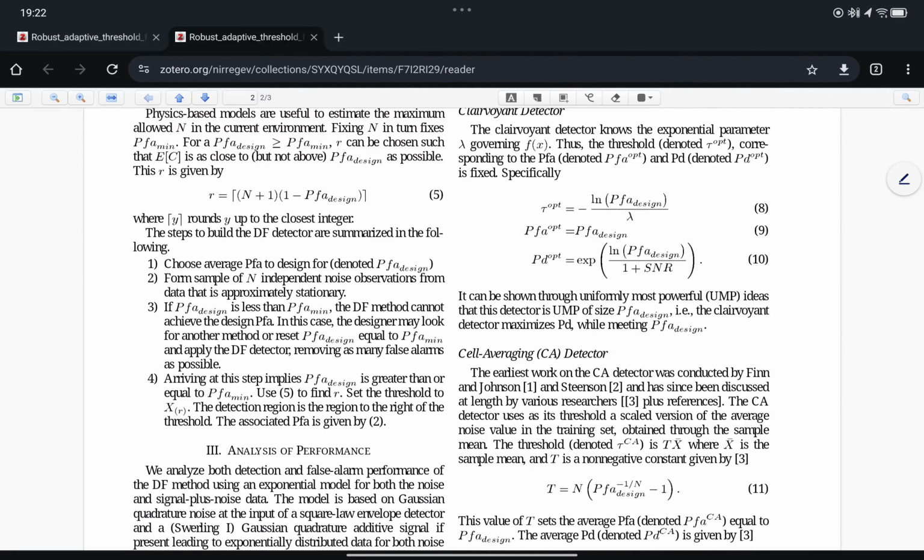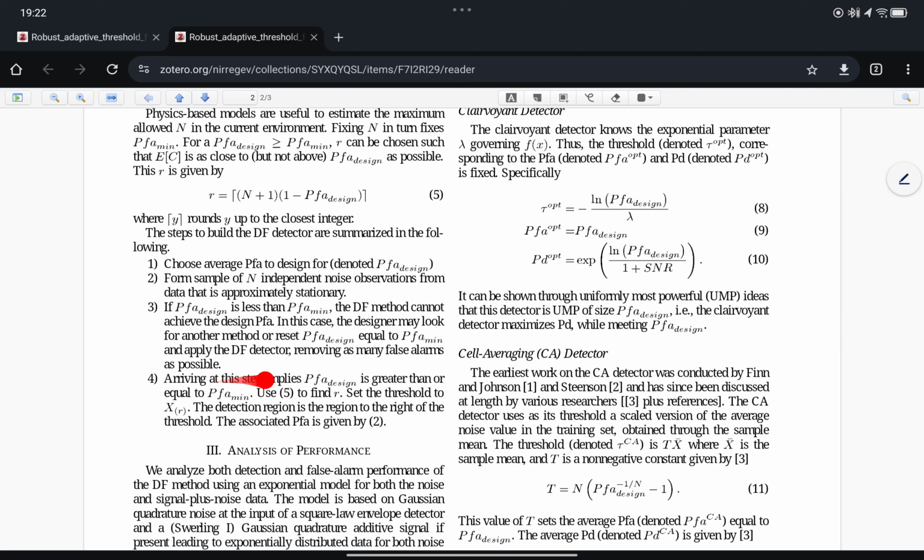The algorithm they introduce is: choose the PFA to design, and form a sample of independent noise observations, or noise plus signal, that is approximately stationary. If PFA design is less than PFA min, set it to the PFA min, or sample more.